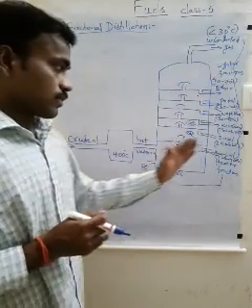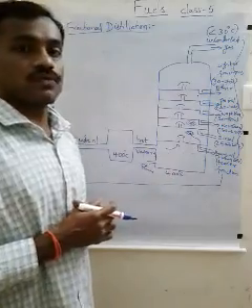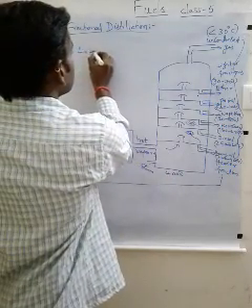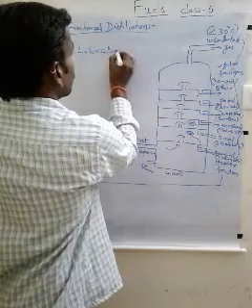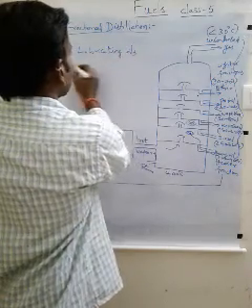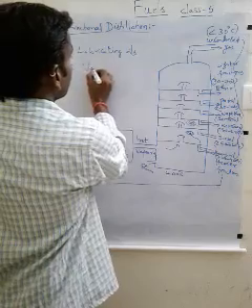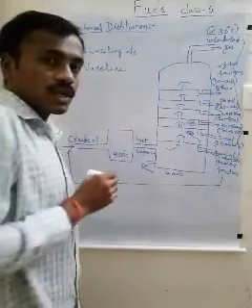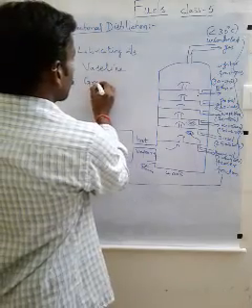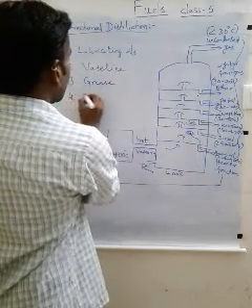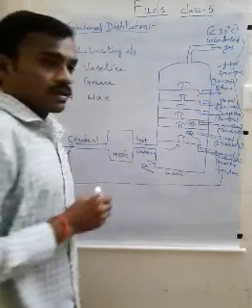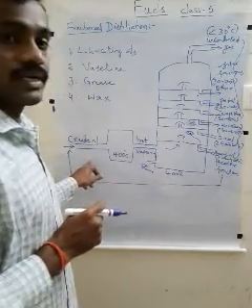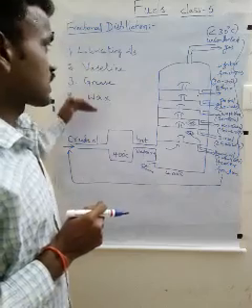So from heavy oil, the useful fractions obtained are lubricating oils, Vaseline, grease, and wax.